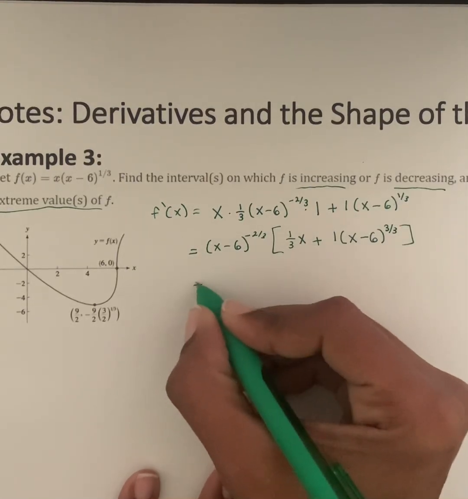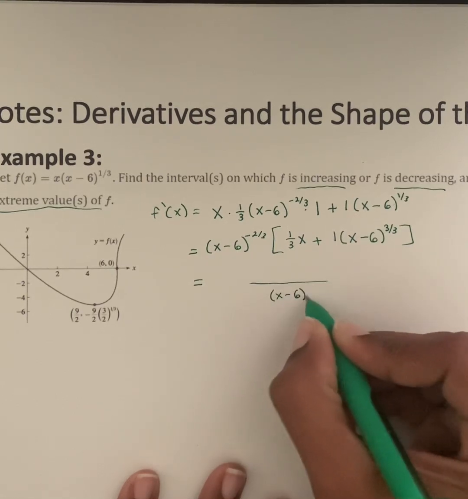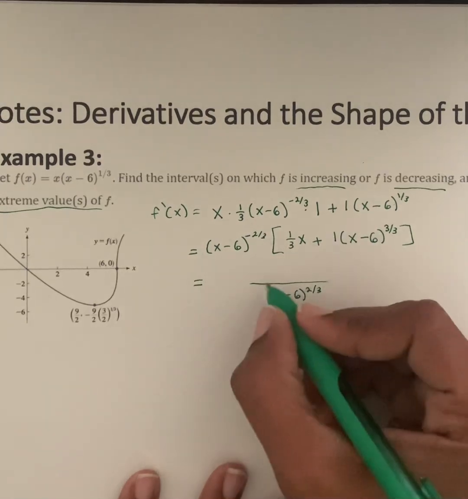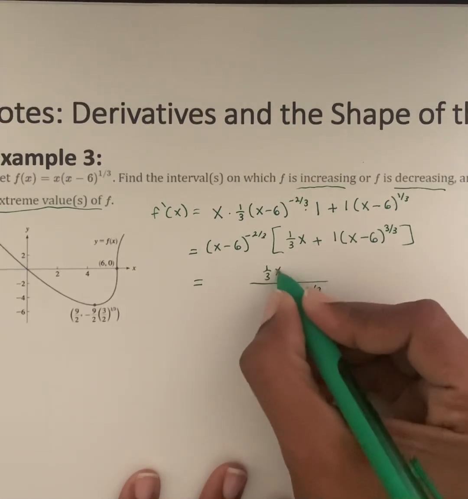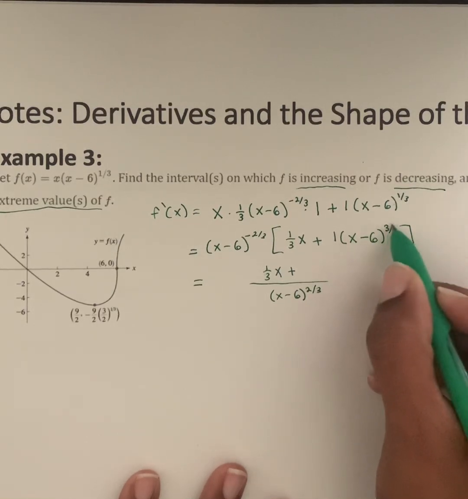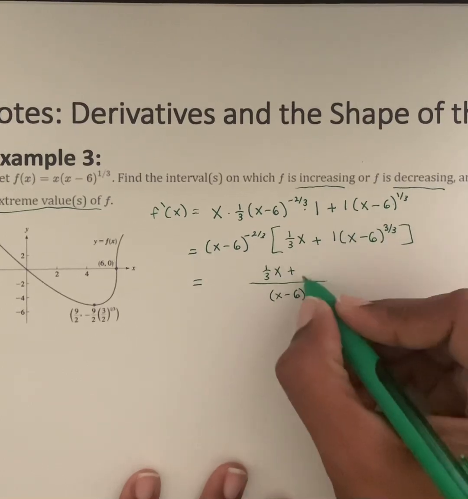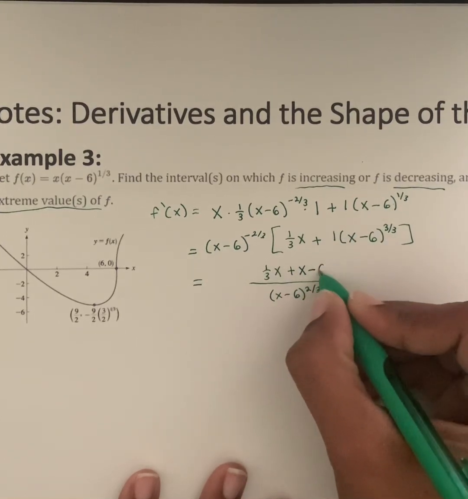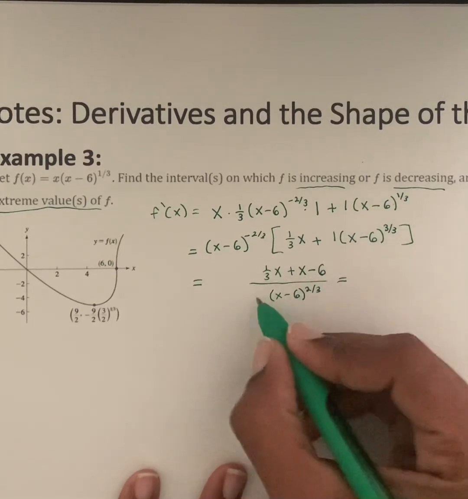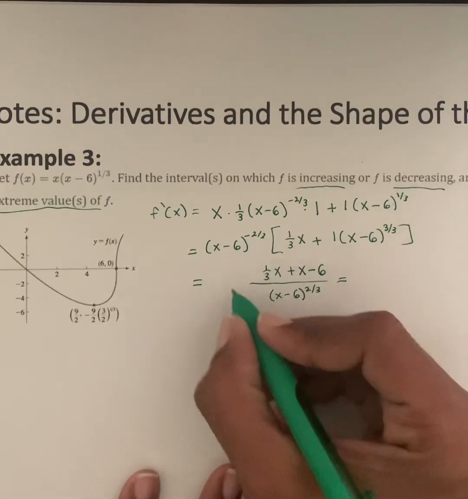Note, this is the same as (x minus 6) to the 2/3 in the denominator because of the negative power, 1/3 x plus, note 3/3 is a power of 1, so this does nothing to this expression, and times 1 does nothing to the expression. So that's what we have from here. We want to remove this fraction, so we'll multiply everything by 3.